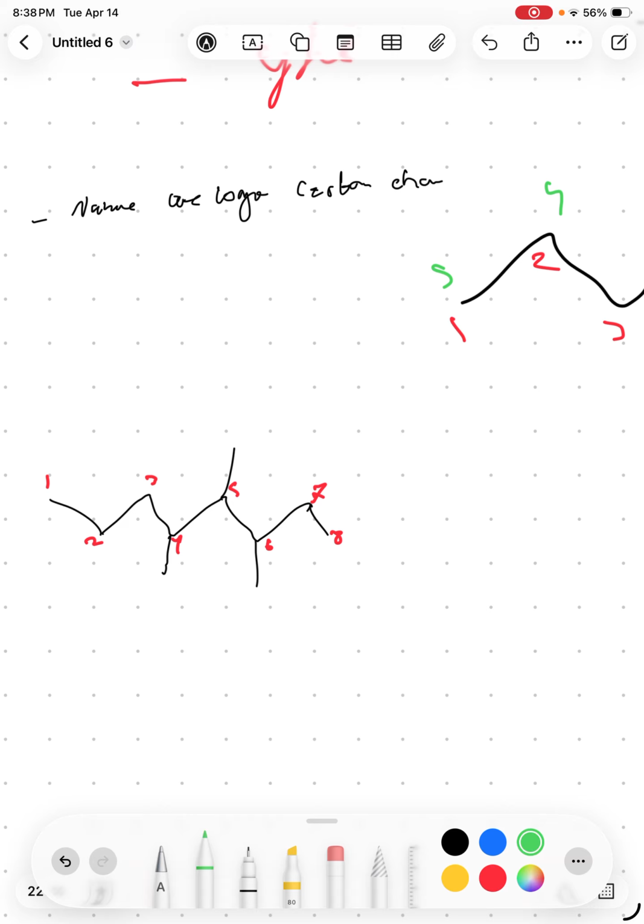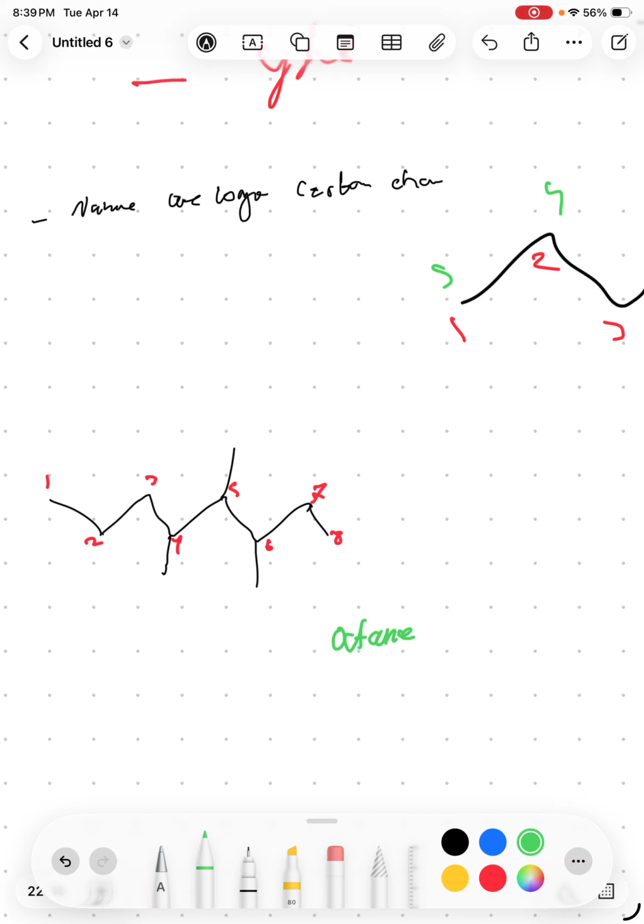So first we put our longest chain name, which is oct. That's not an oct, I drew oot. That's the oct. And what's the suffix? We all know it's "ane."